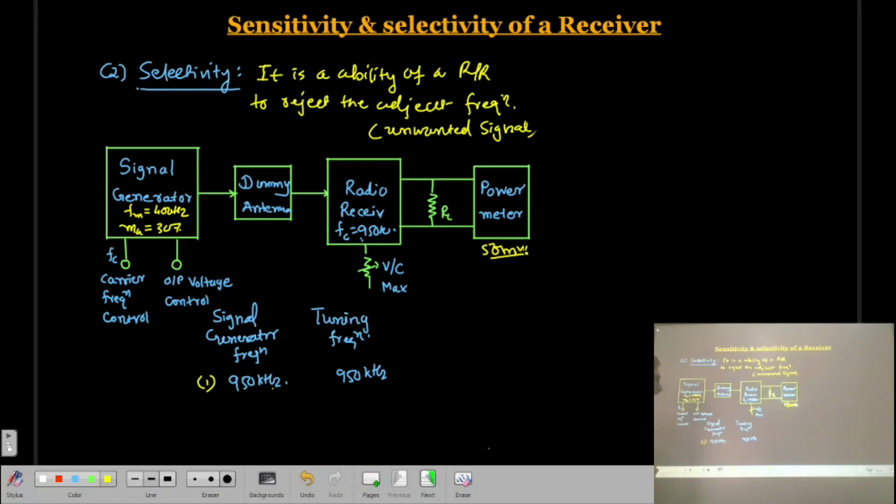So what will happen now? You have to measure how much minimum input signal is required to produce the 50 milliwatt output. So let us say the generator amplitude at 950 kilohertz required is 50 microvolt.